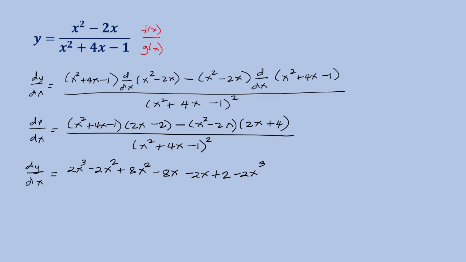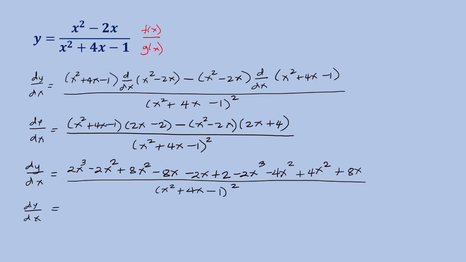X squared times 4 is 4x squared times negative 1 is negative 4x squared. Negative 2x times 2x is negative 4x squared times negative is positive 4x squared. And negative 2x times 4 is negative 8x times negative 1 here is positive 8x over our denominator.